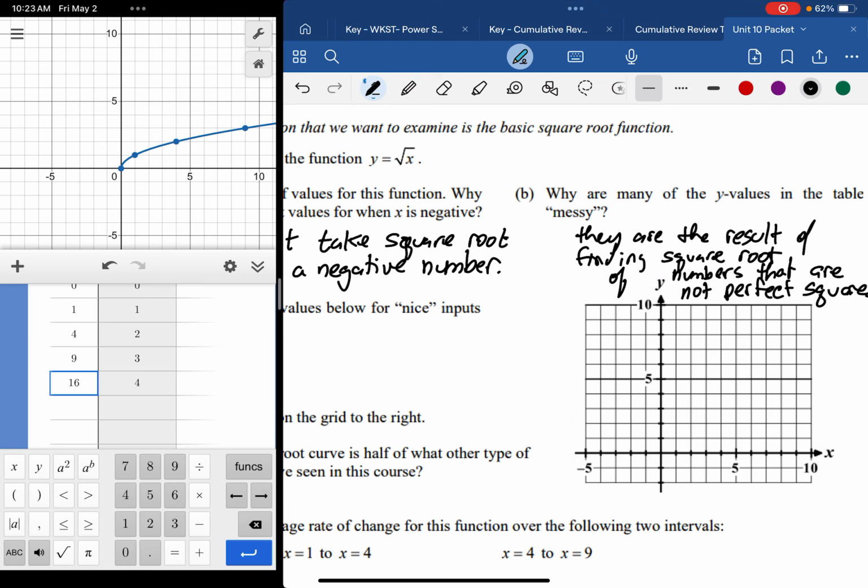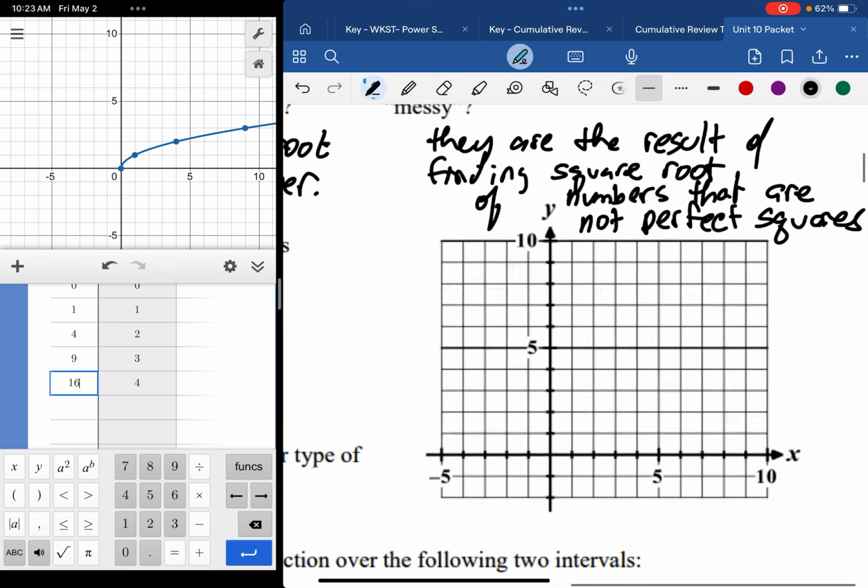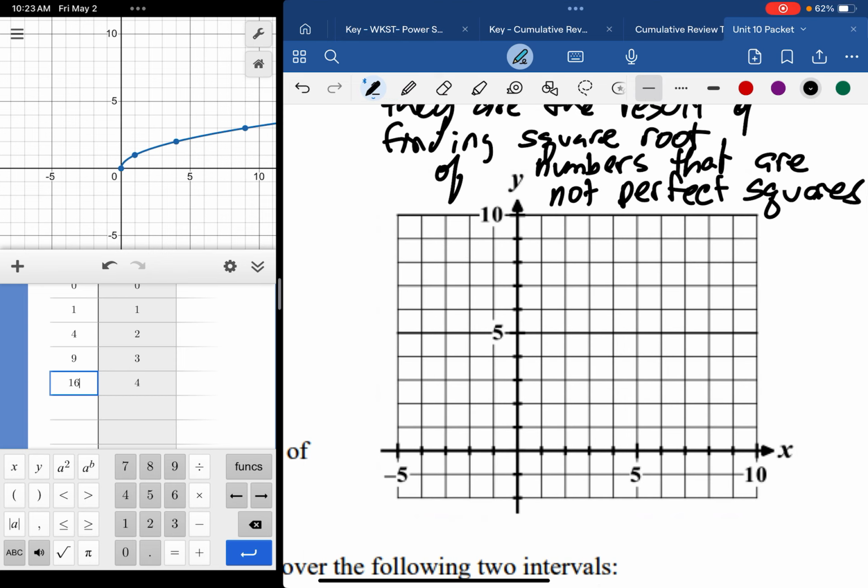And if you look at the graph, those points give us a good enough idea of the shape of the graph that we don't actually need the messy ones in the middle in order to create the graph. So 0, 0, 1, 1, 4, 2, and a 9, 3. And then if I could go further, you'd have a 16, and you'd get 25 after that.